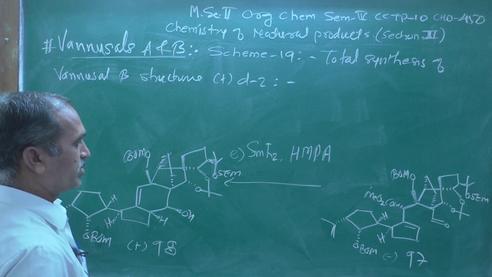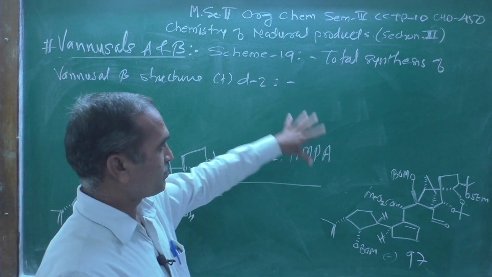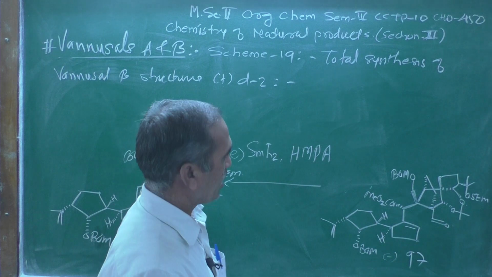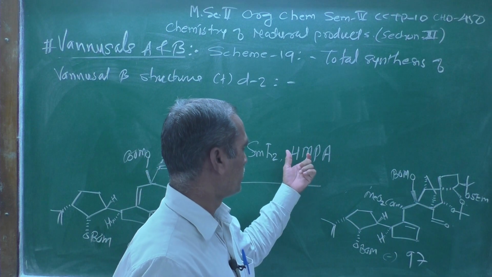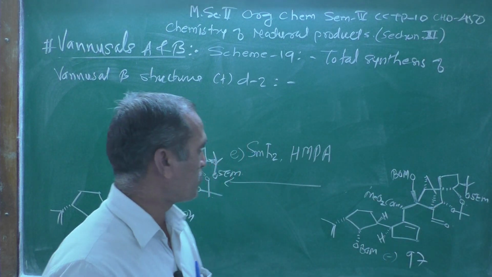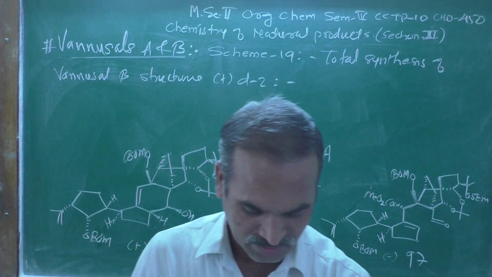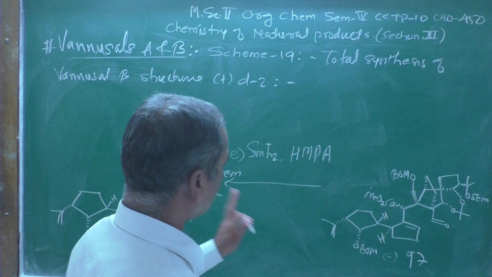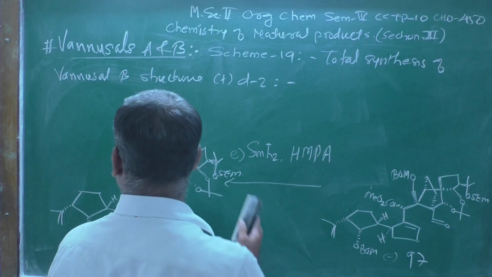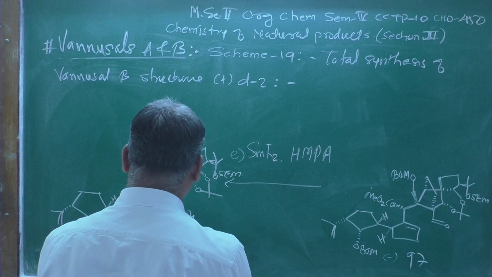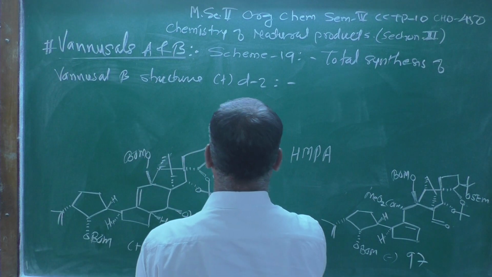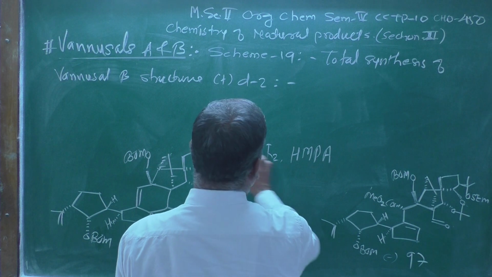The structure number 98 we got after the treatment with samarium diiodide with HMPA, hexamethylphosphoramide, which was employed over here. And after this, now I am going to add the reagent to 98, and I am going to get another structure.